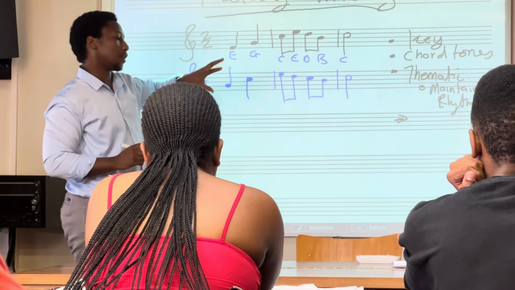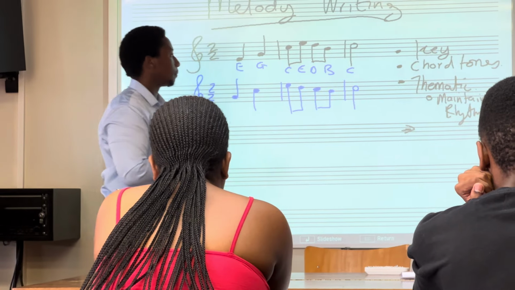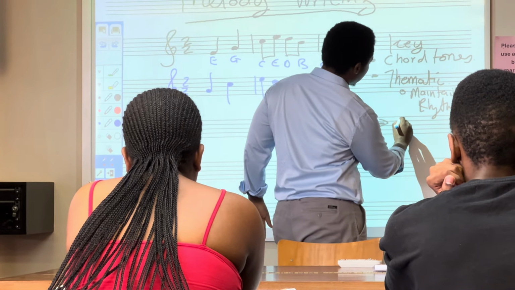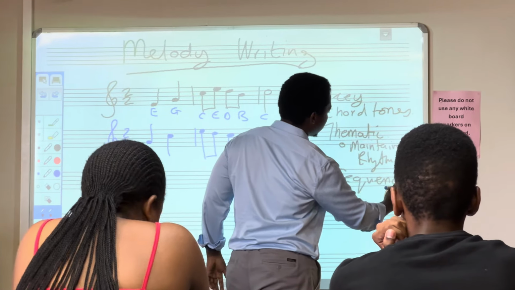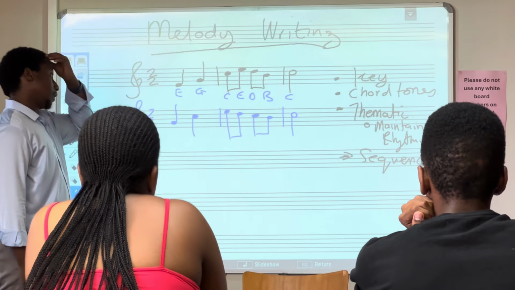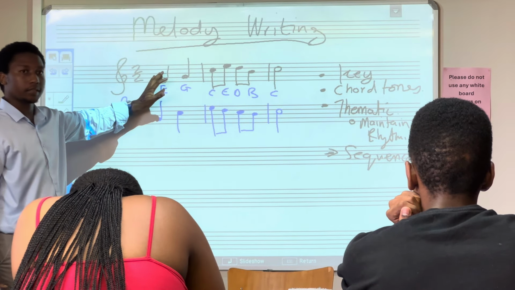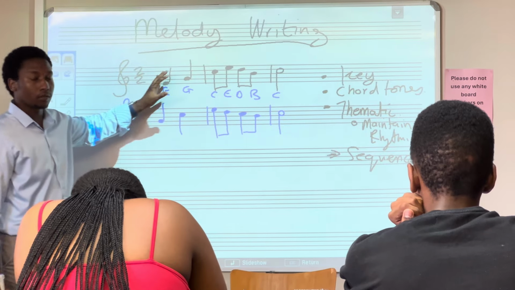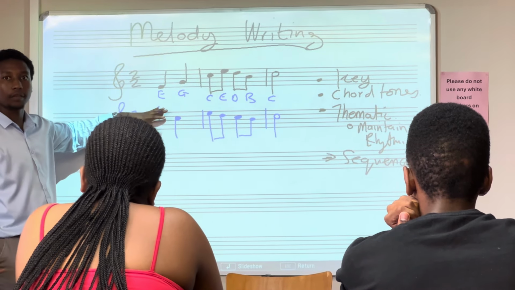I can take it and slot it in another chord. And we do that by this thing called sequence. A sequence is you retain the same rhythmic function, the same note values, but you either shift it up or shift it down, whichever way.